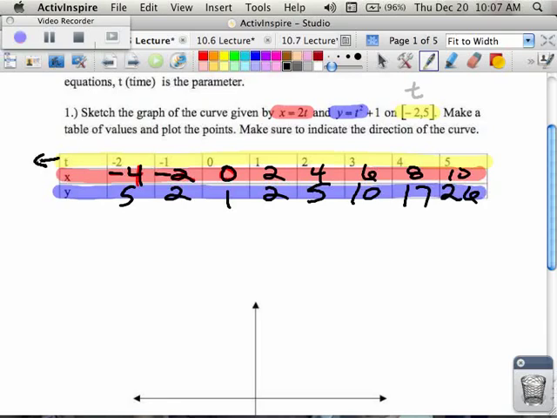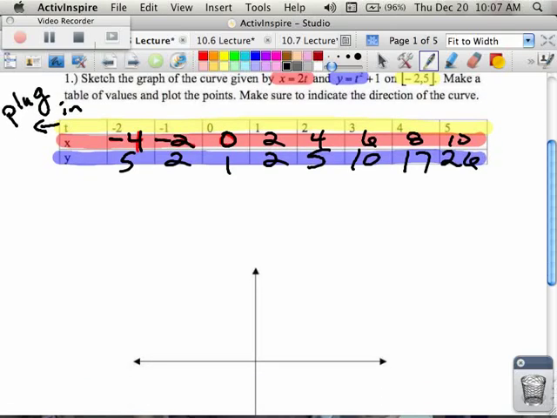So this t is the thing that we are plugging in for the t values in the blue and the red equations. It's our independent variable, usually stands for time. It is a parameter. Let's graph it. I'm not going to do all these different points, but let's graph it.